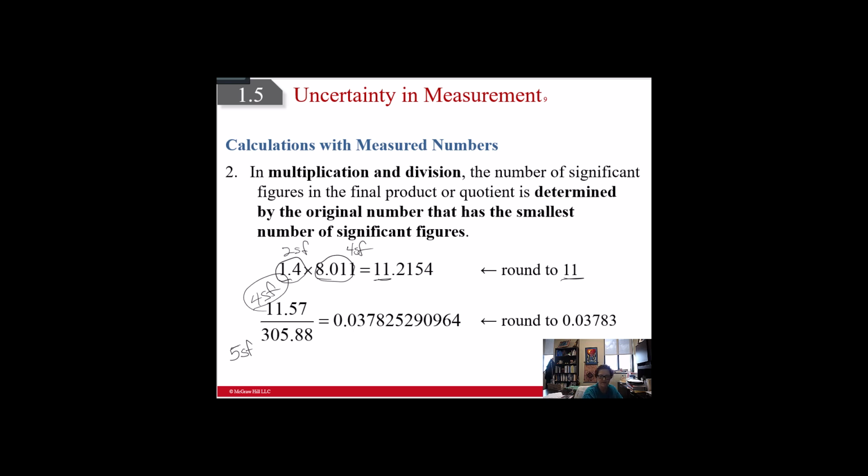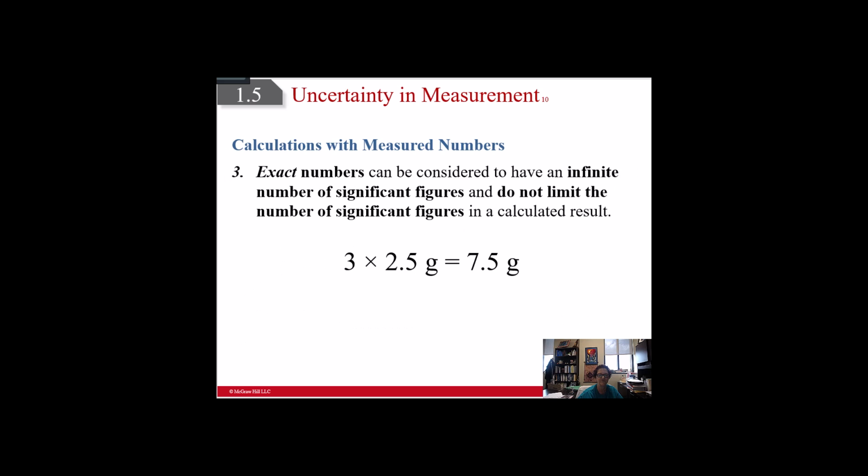That's what my calculator spit out, right? I'm going to have to round that to 4 significant figures. So 1, 2, 3, 4. And that last one I'm going to round up because the next one is a 5. So 0.03783 would be the correct answer.